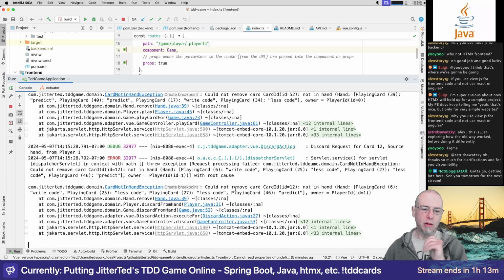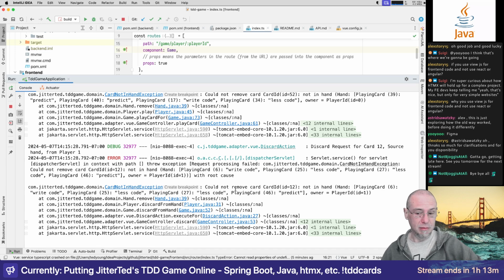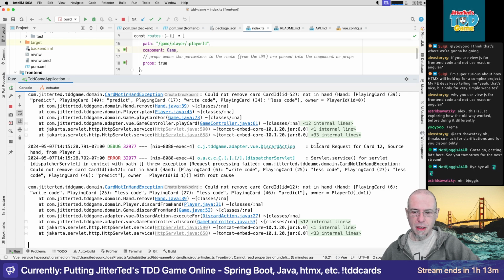There's probably some code around the cards, who's got what card. Maybe there was something I was in the middle of changing. Because here we get a discard request for card 12 from player 1, and it's basically saying it's not in their hand, which is just weird.